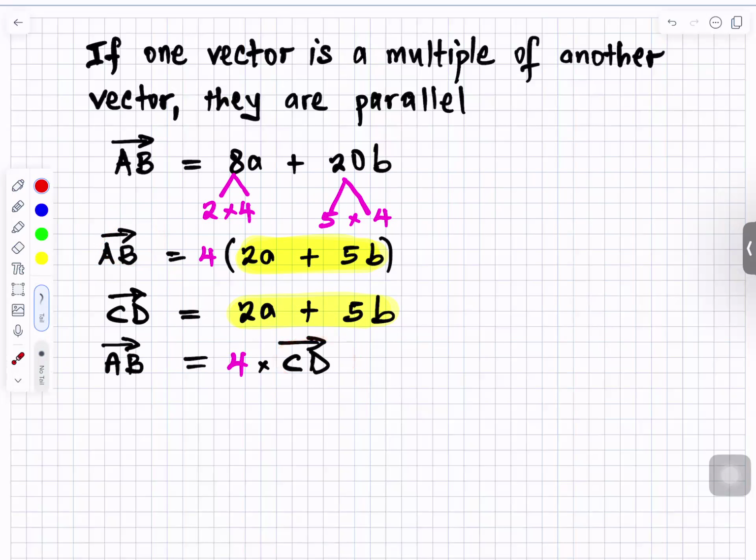And because that 4 is a multiple, in that formula, they use the letter K. A is equal to K times B. So this 4, they represent that K. Because it's a multiple, that shows that those 2 vectors are parallel. 4 times something is a multiple. It shows that they are parallel.